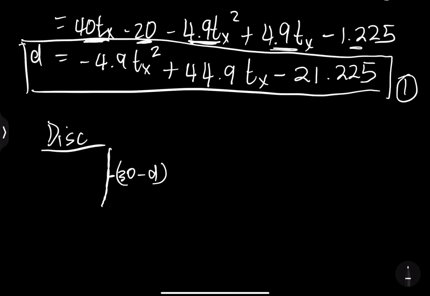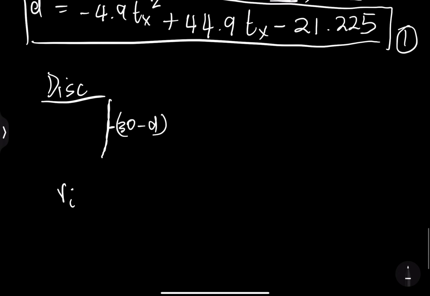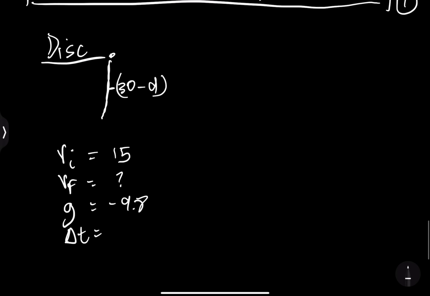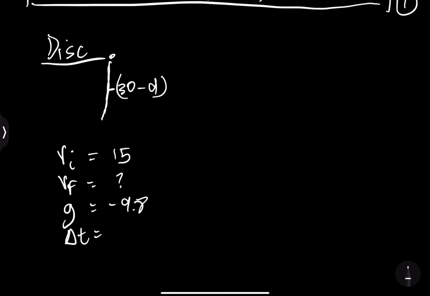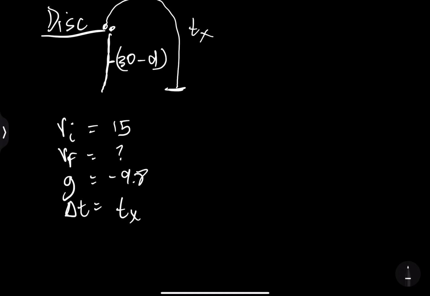For the initial velocity, we know the disk was projected with 15. Final velocity we do not know. Gravitational acceleration is negative 9.8. And the time, from where it was projected up until point X, we assumed was tx. So it uses the full tx value, whereas for the ball it was minus that 0.5.